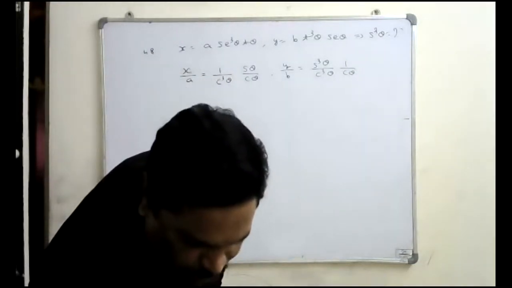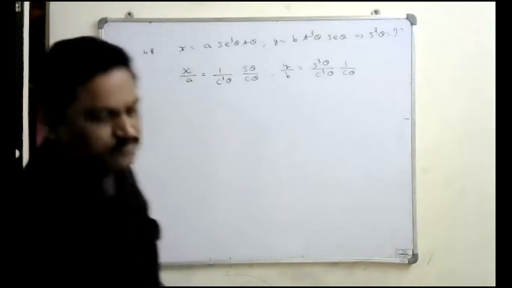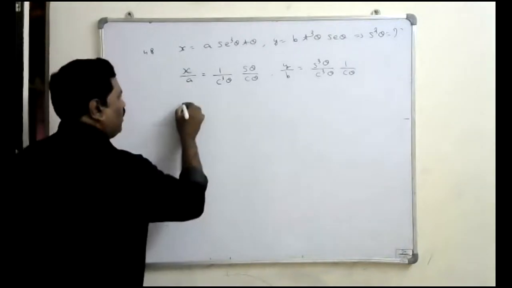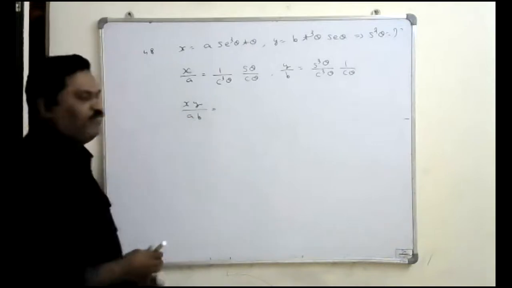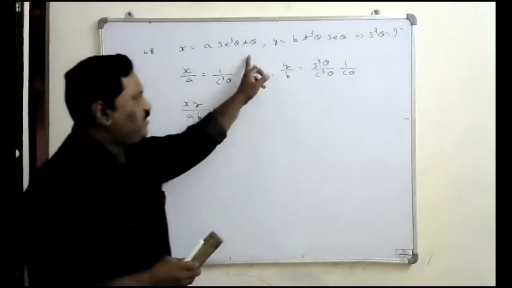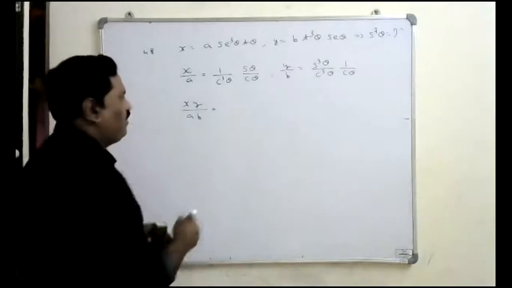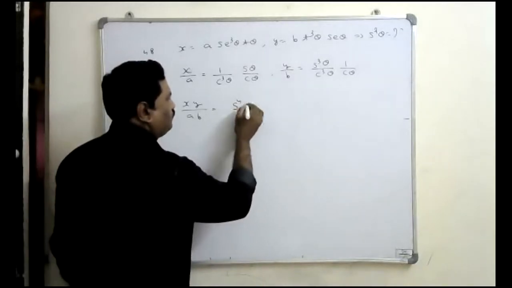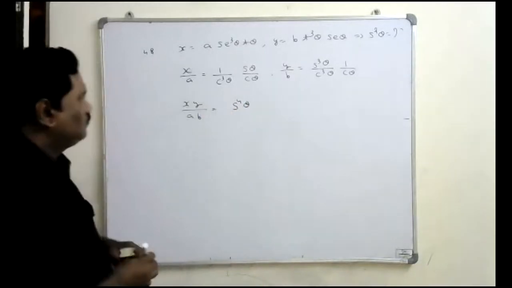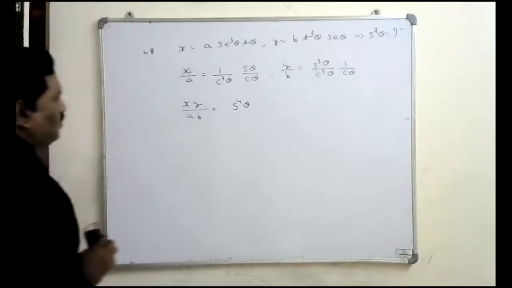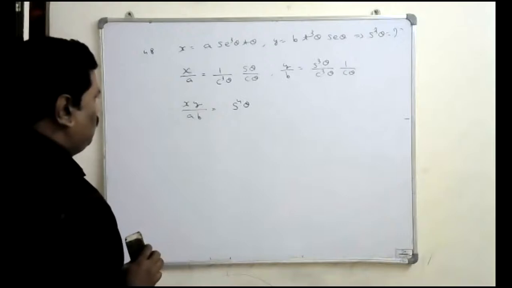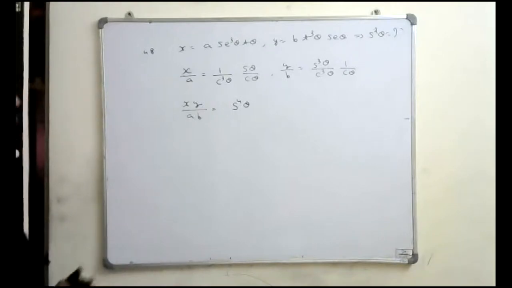Now if you multiply these two, x into y upon a into b, sin theta into sin cube theta gives sin power 4 theta. Sorry, we want sin square theta, no? Okay, sorry.